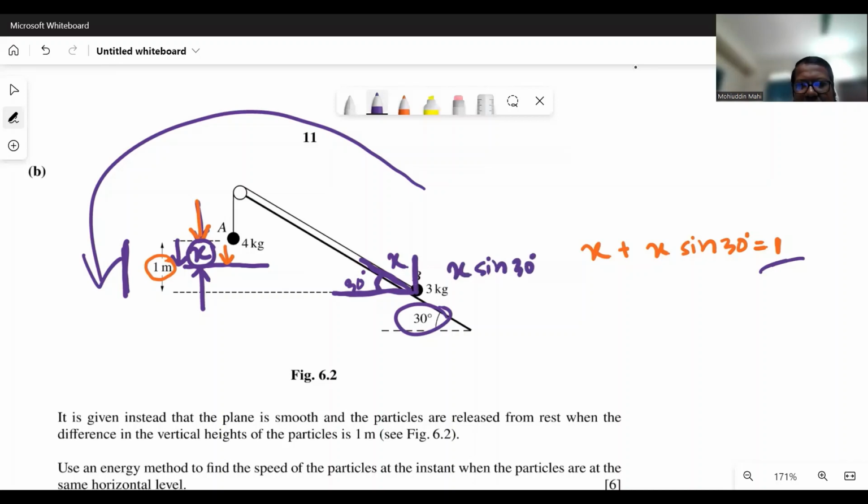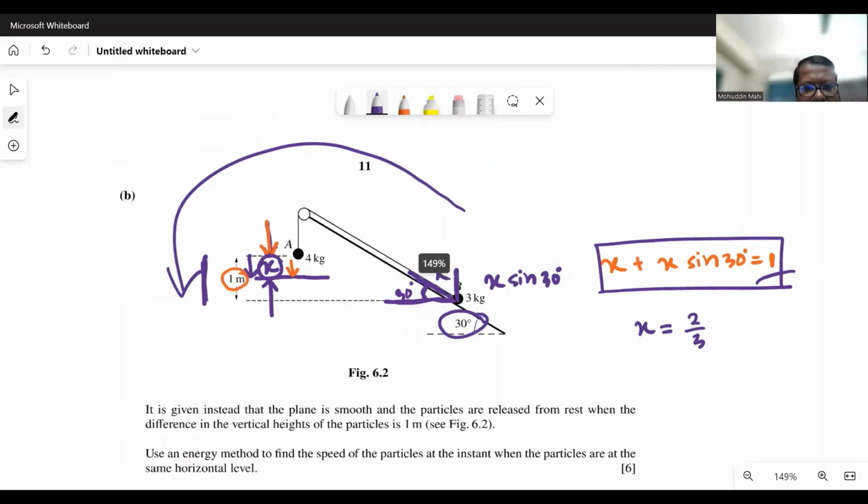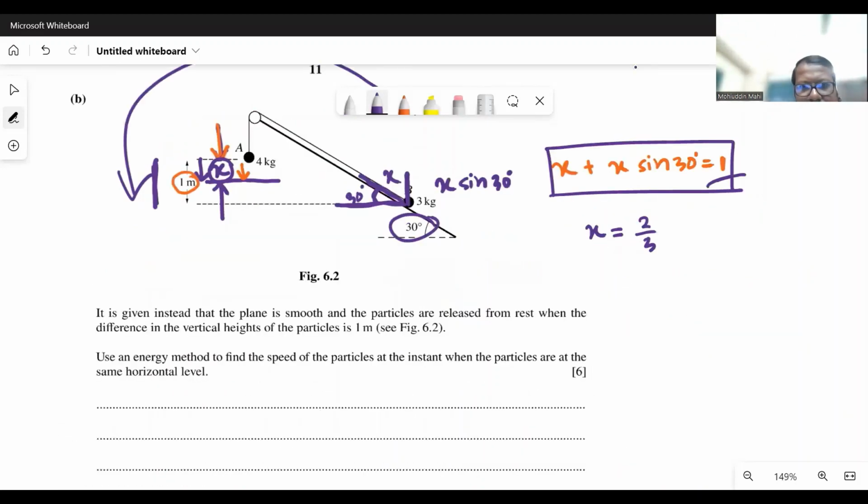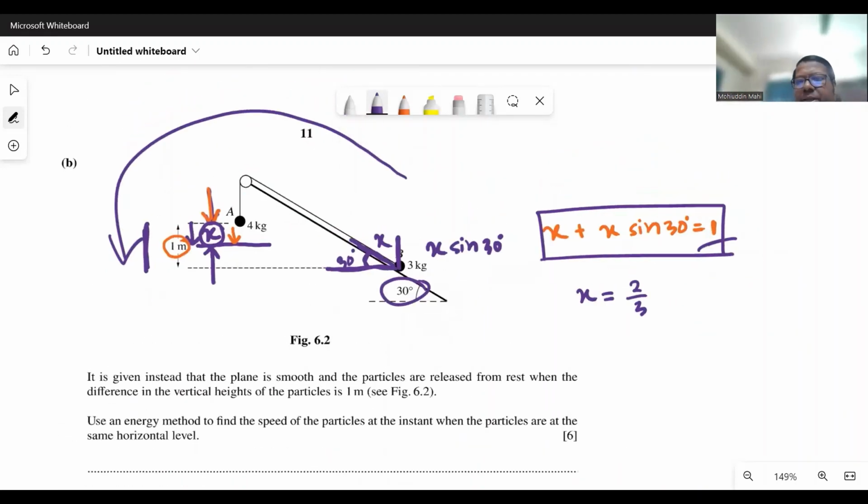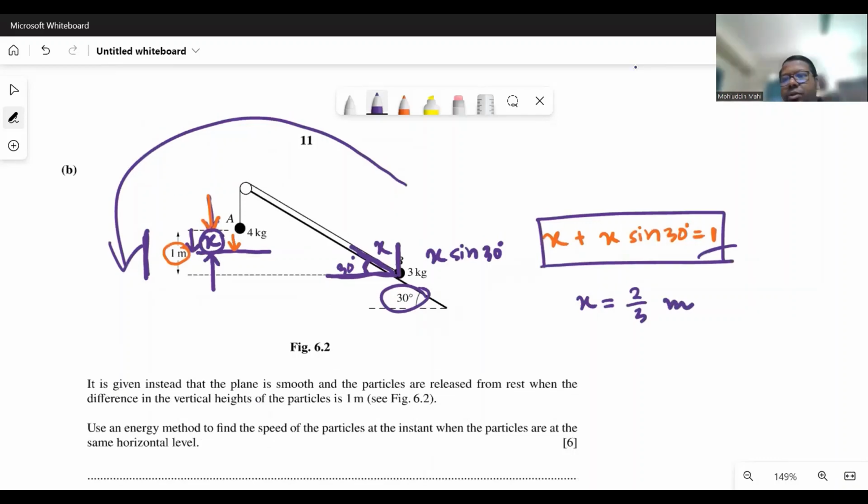All right, so this is very important. From here, if you solve this equation, the value of x is going to be 2 by 3. 2 by 3, not centimeter, it's meter. This is very important to find out the value of x, 2 by 3 meter.